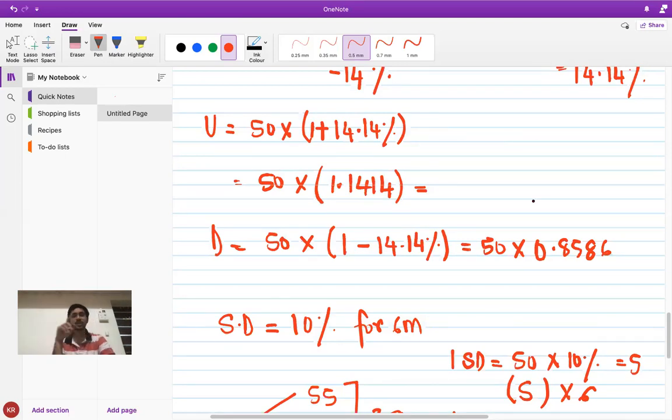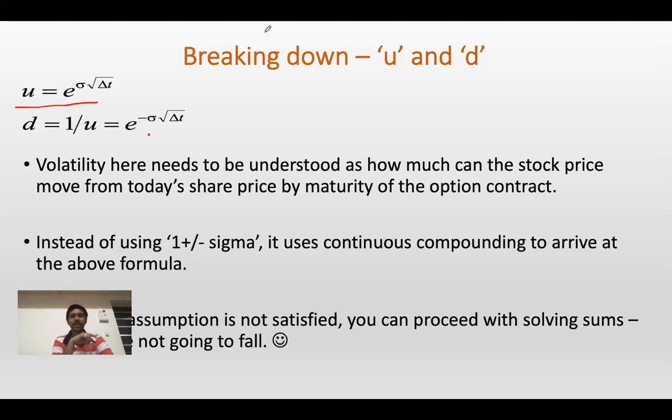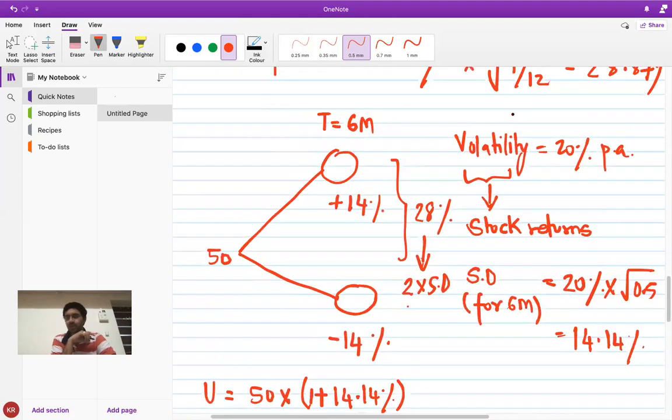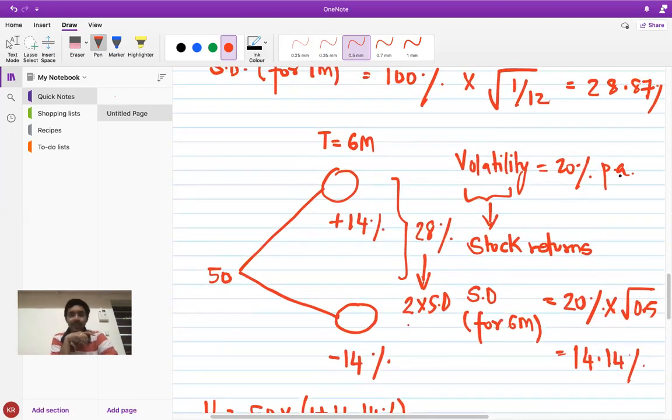We started off with 20 percentage per annum, and then we came to 14.14 percentage. I did it by multiplying by square root of 0.5.